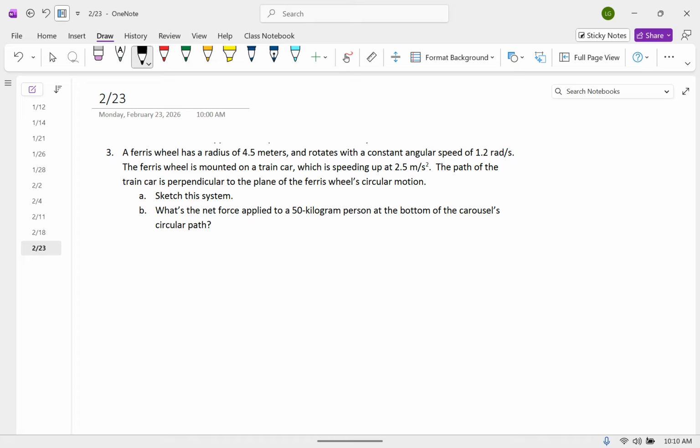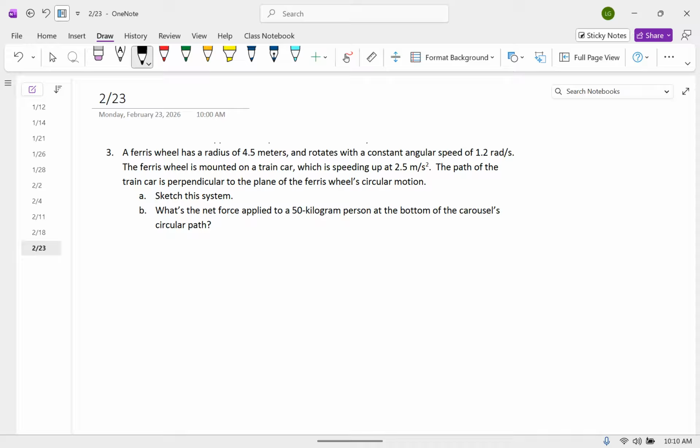We're not doing rotating coordinate systems yet, so all it means to us so far is that you're given information, but it's in an accelerating coordinate system. You can't use measurements in an accelerating coordinate system in Newton's second law. So what you have to do is use relative motion to figure out what the measurements would be in an inertial coordinate system, and then you can use those corrected accelerations in Newton's second law. So this is an example of that.